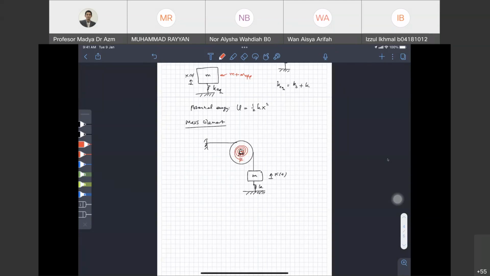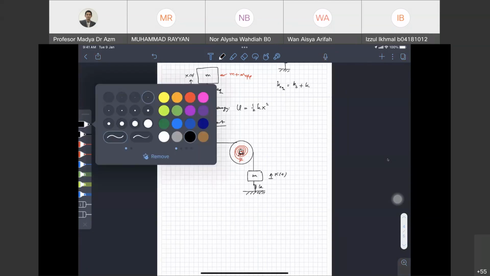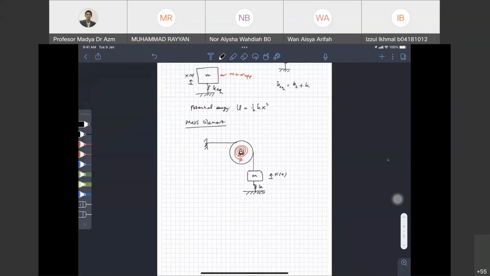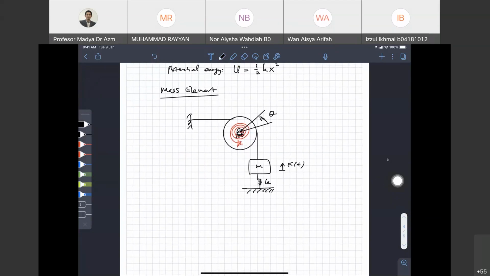Kat situ pun ada torsional spring. So yang mana elemen of mass dekat sini? So ni pusing theta. Dia punya displacement theta, yang mass kat sini dia punya displacement tu x. So yang ni dia ada moment of inertia J dan mass dia juga M1, yang ini M2. So elemen mass tu yang mana?